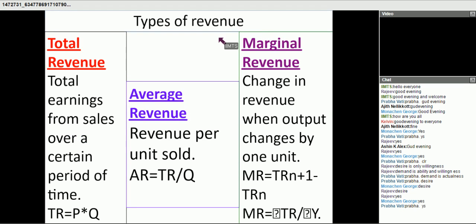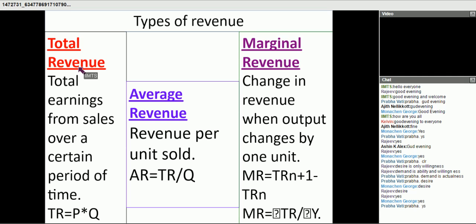Now the revenue is divided into 3 types: total, average and marginal. So the concept of total, average and marginal in economics remains the same, okay, as have been discussed in the previous class when we were discussing the utility analysis, and then the production function, if you remember, land, labor, capital.